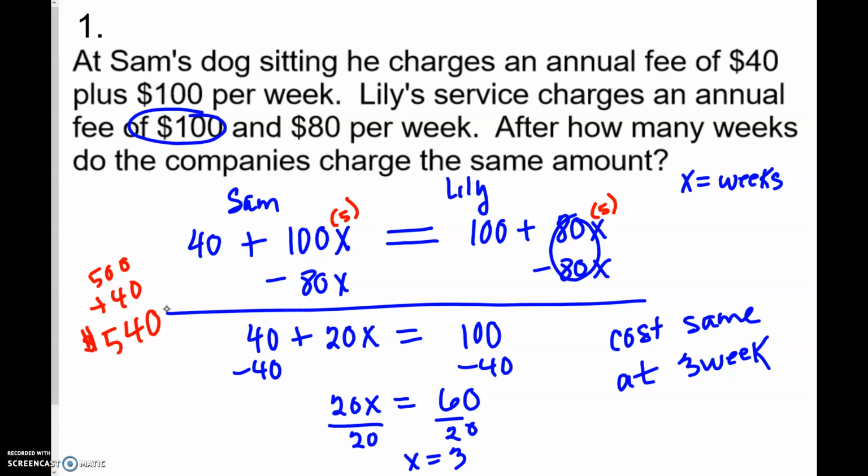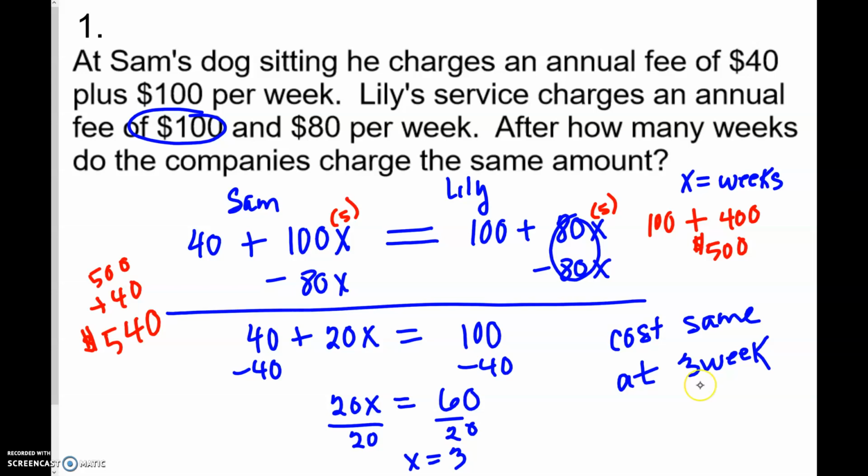Okay, over here for Lily, it's going to be 100 plus, and 80 times 5 is going to be 400. And 100 plus 400 is 500. So if you were going to be gone 5 weeks, Lily is going to be $40 less.